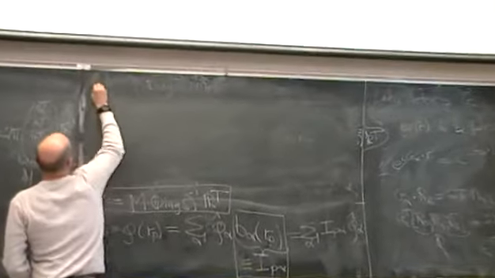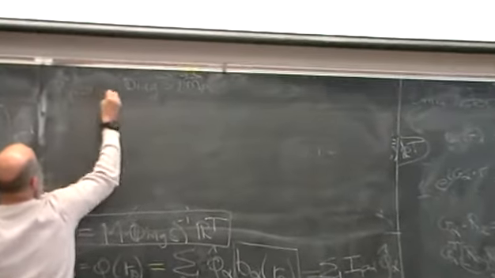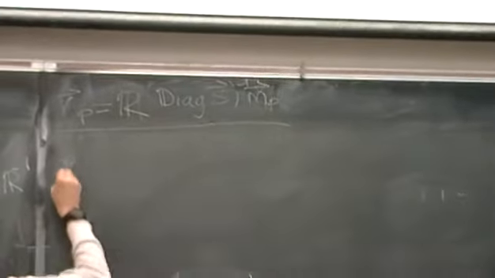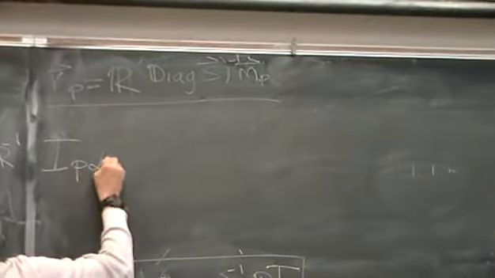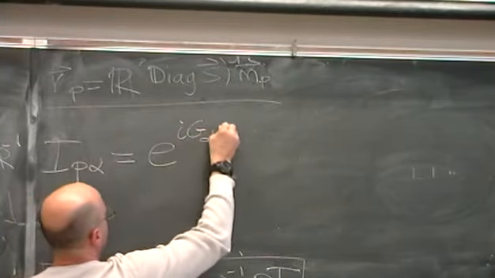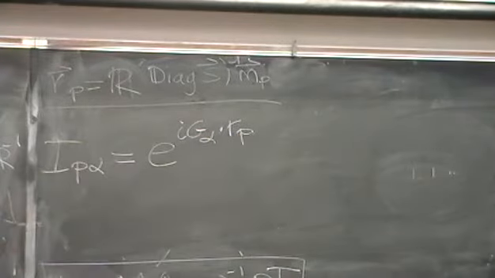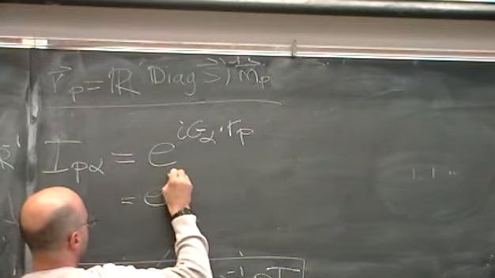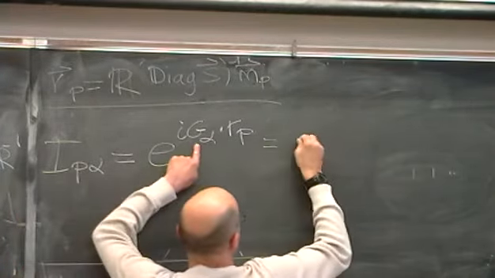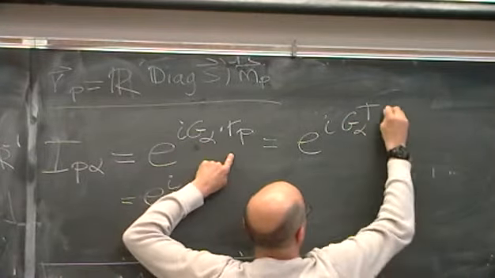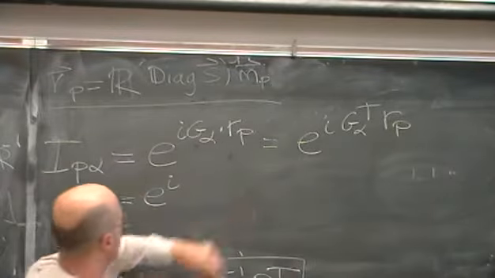So I had RP equaled R. All right. So I: e alpha equals e to the I G alpha dot RP. Our basis functions evaluate at our sample points, which is then e to the I. Oh, and remember, of course, dot product just means transpose the first column vector and multiply it by the second column vector.